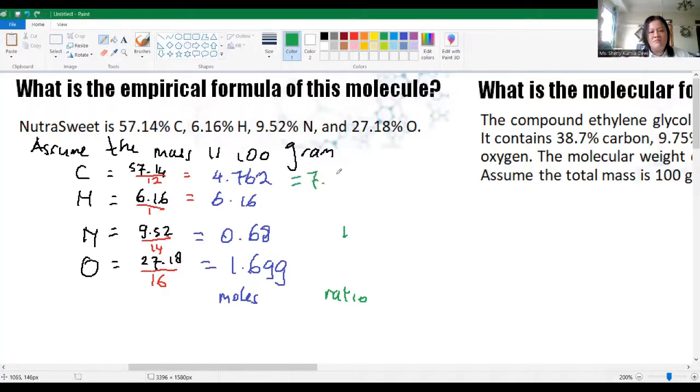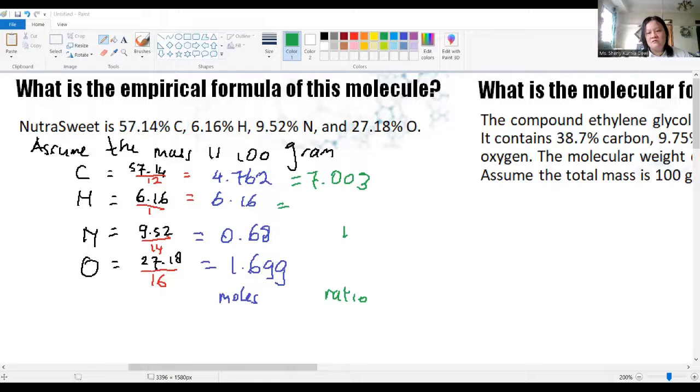I will write it here. And then 6.16 divided by 0.68 is 9.0588.